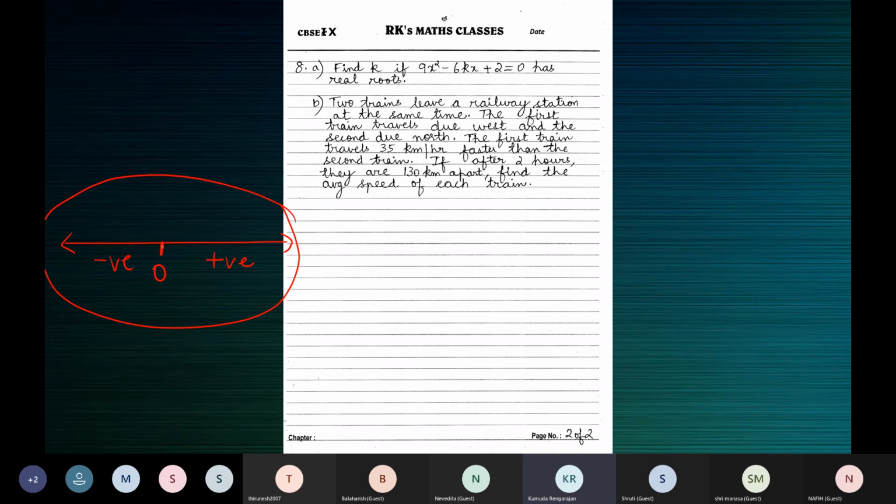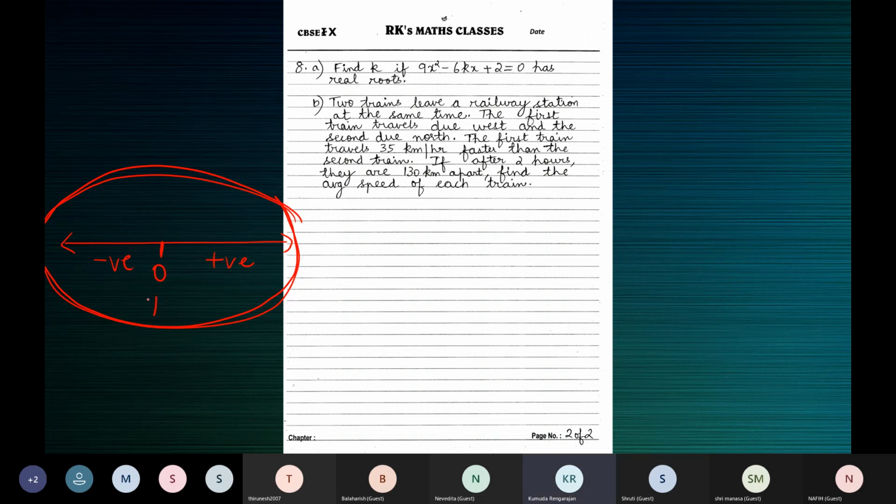The value being equal to 0, value being negative, value being positive. So this contains all the real numbers. We know every real number has a unique position on the number line. So number line, 0, all negative values, positive values.